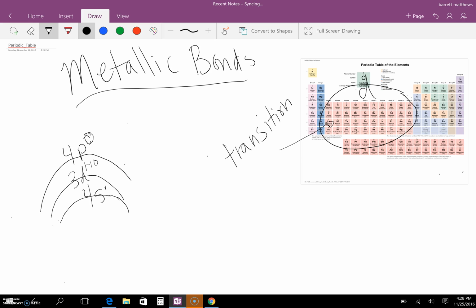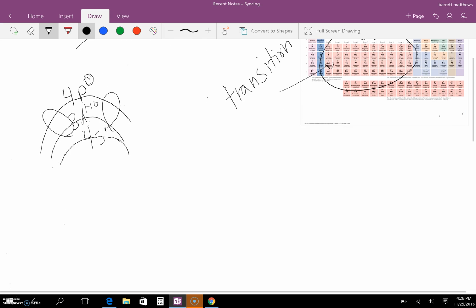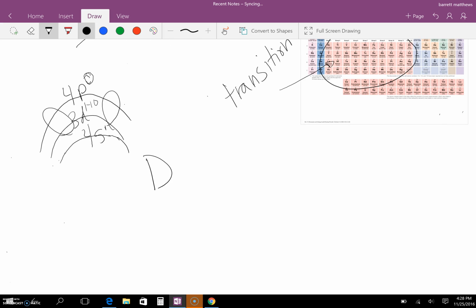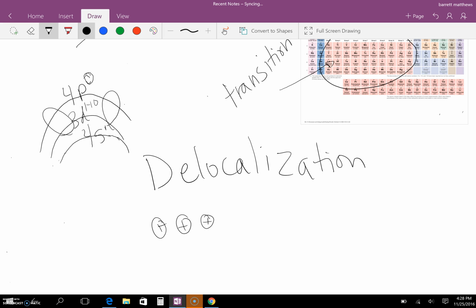Now, the orbitals in the d and the p can all overlap, meaning the electrons will move around. This is called delocalization. So if I have some nuclei of some metals here, my electrons will not be fixed, but will be shared throughout all the bonds.